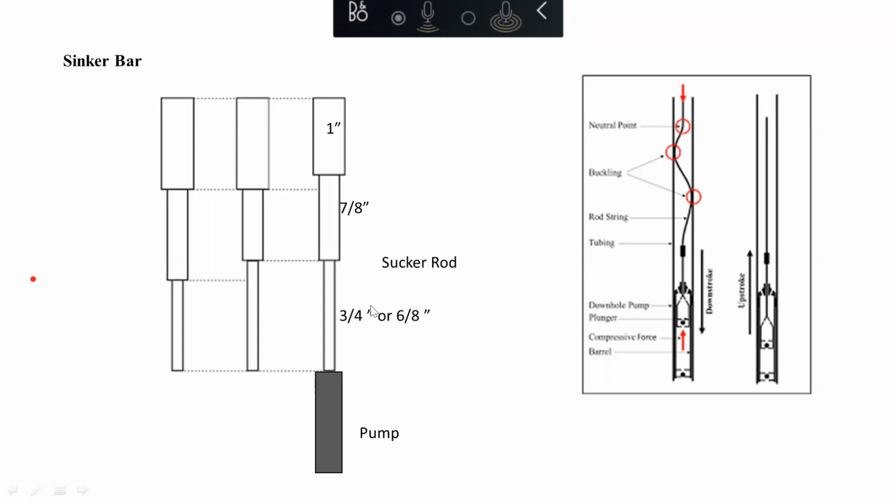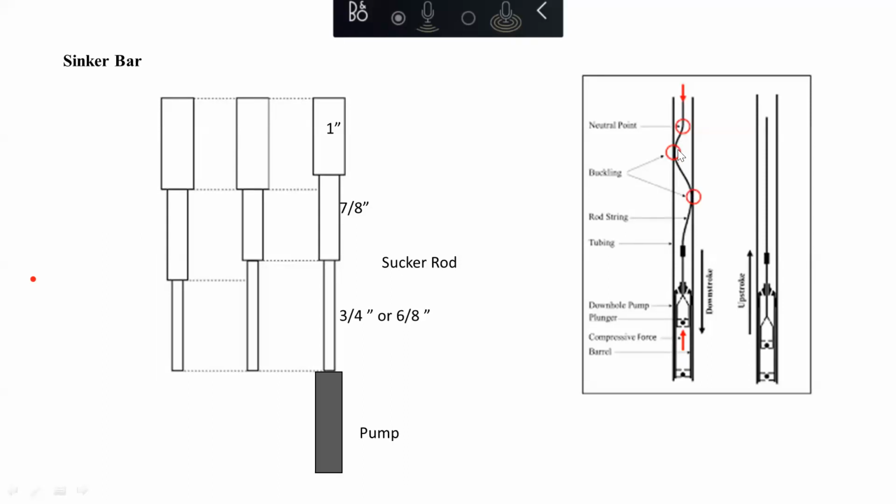Now your sinker bar will play a role, because when you use the smallest size at the bottom during your downstroke, when your pump reaches your pump depth at the bottom, you are going to see a buckling.